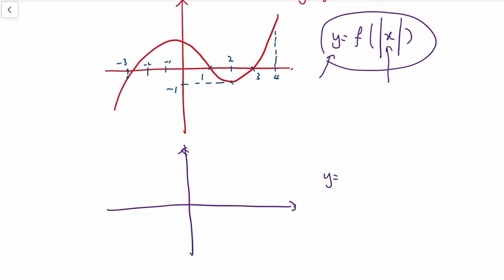Now imagine x is 1, then we have f of absolute 1. But the absolute of 1 is just 1, so it's just f(1). That means when x is 1, the y value on the graph of f of absolute x would just be the same as f(x). f(1) was 0, so you're expecting a 0 when x is 1, say here.